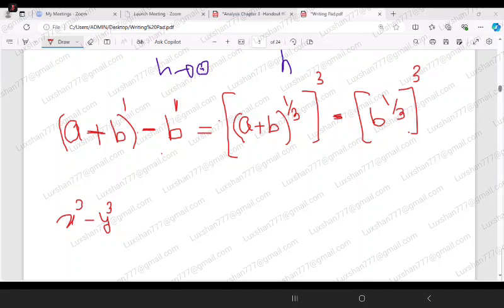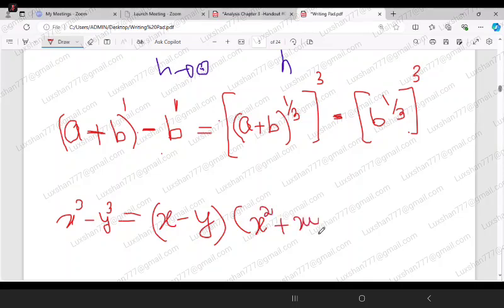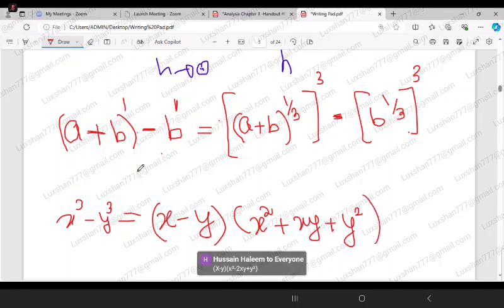Hello? What is the factorization of x cube minus y cube? Yes. So x cube minus y cube is (x minus y) into (x squared plus xy plus y squared).